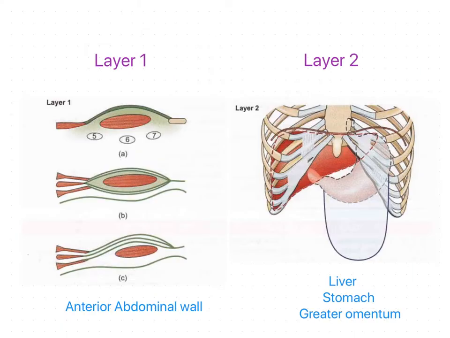Layer 1 is the anterior abdominal wall, and after you open this anterior abdominal wall, the next layer of visceral organs, the second layer, is the liver, stomach and greater omentum. Below this layer you can find the third layer.